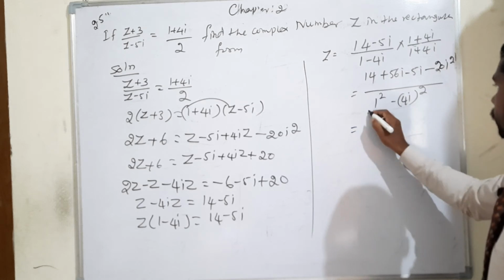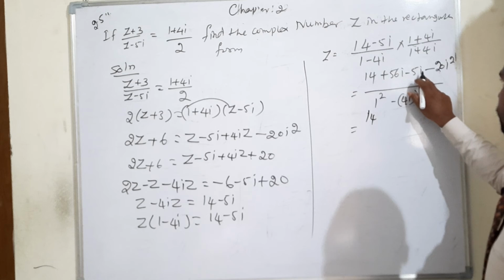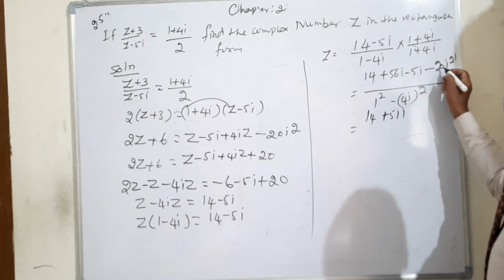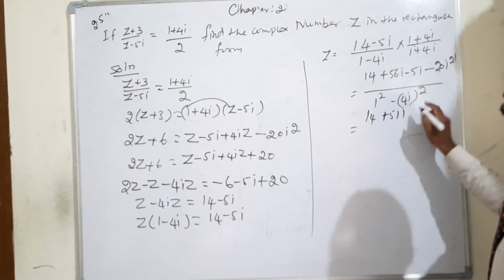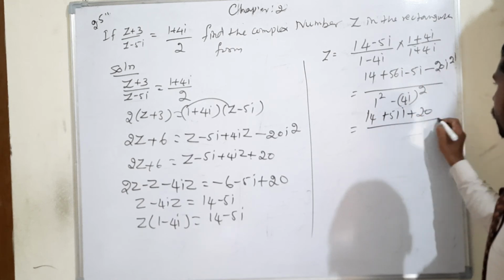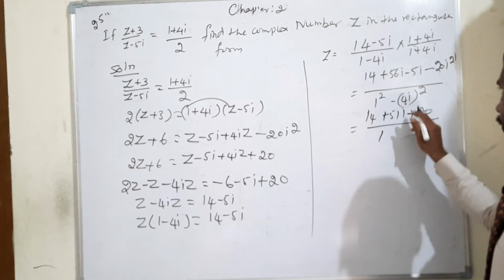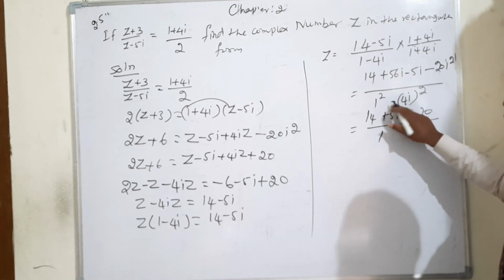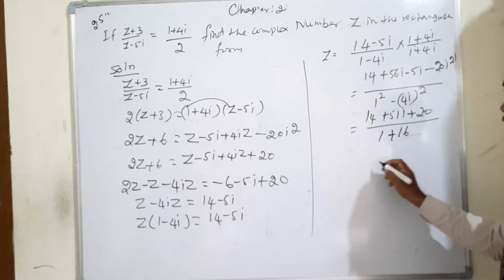Therefore 14 plus 56 minus 5i means plus 51i. There i square means minus 1, and we have a common minus, so positive 20, divided by 1. Listen very carefully: 4 square means 16, i square means minus 1, we have a common minus, therefore we can write positive 16.